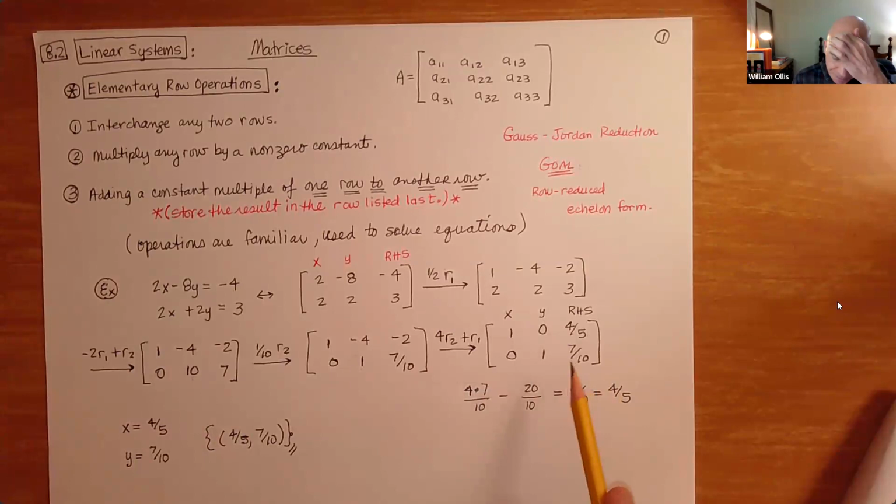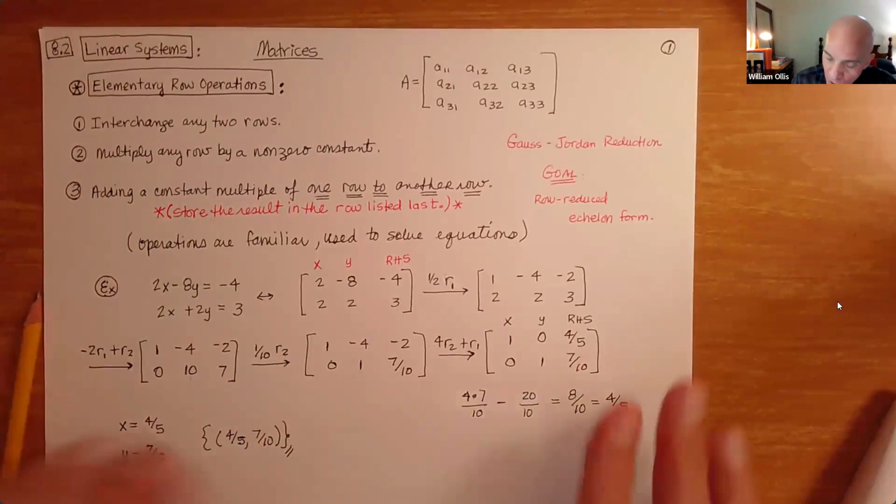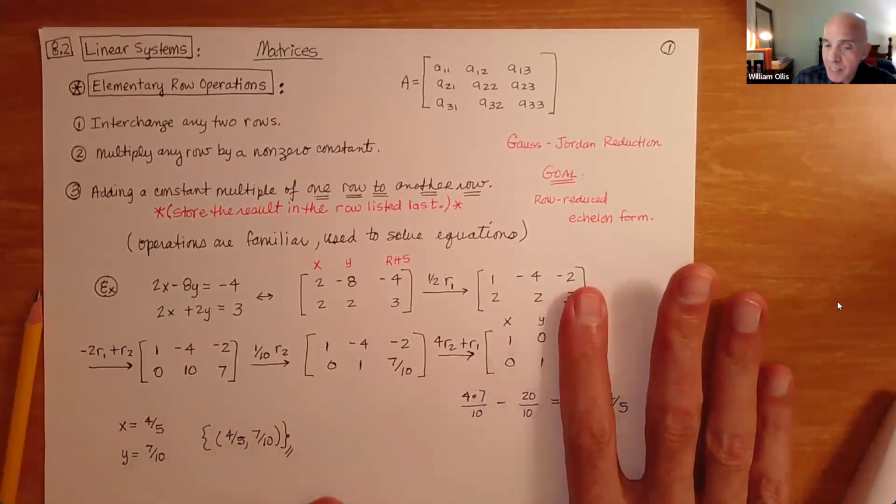Now notice, this is what we call the reduced row echelon form, because now we have as many zeros and ones in the coefficient matrix as we can stand. So if you just covered this up, you would basically just say that's a 2 by 2 identity matrix. And we'll say more about that in the next section.